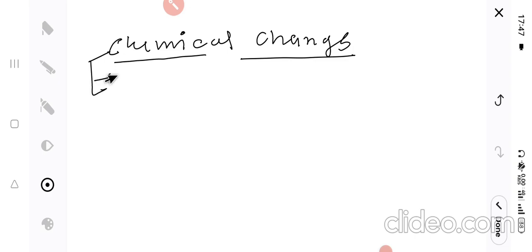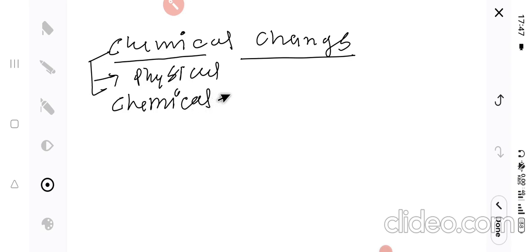you have already seen that changes are classified into two categories. First, physical changes, and second, chemical changes, right?